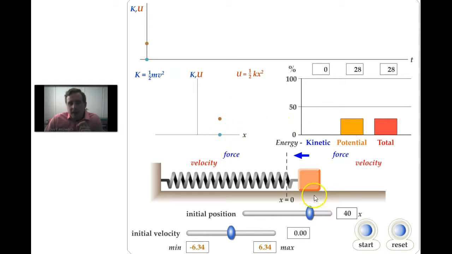And notice that the elongation in x is reflective of the elastic potential energy. Notice the equations: 1/2 mv squared for kinetic energy, 1/2 kx squared for the elastic potential energy. Let's go ahead and start this up in a moment, but you should predict what each of these graphs should look like. Okay, so welcome back.